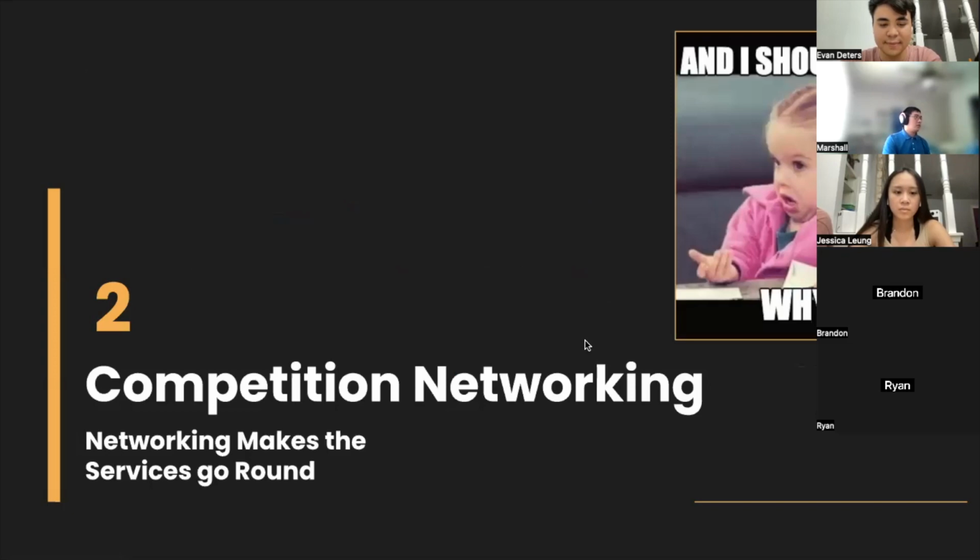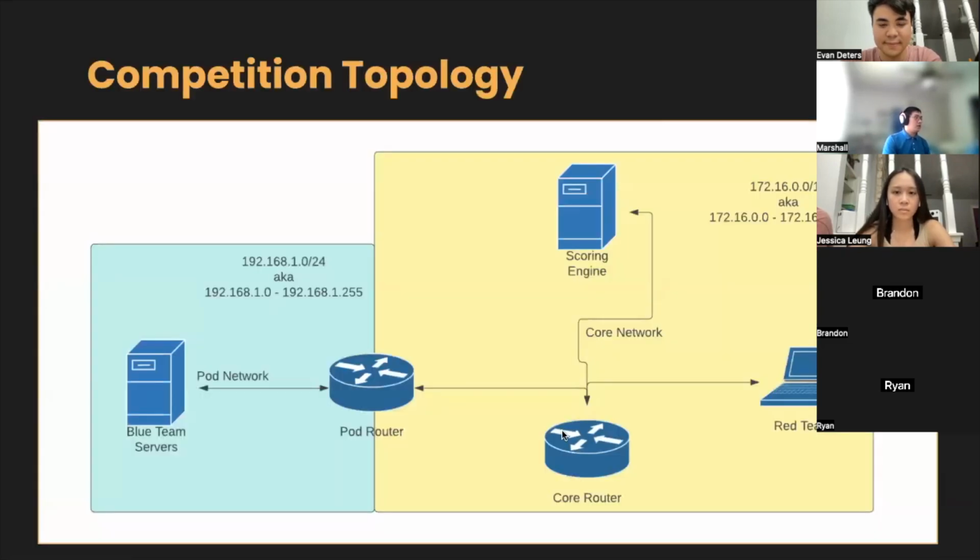Yes. And so now we'll be going into the competition networking. So here is an even more simple topology, though it's a simplified topology of how the competition works. On the left, we can see the blue team subnet.